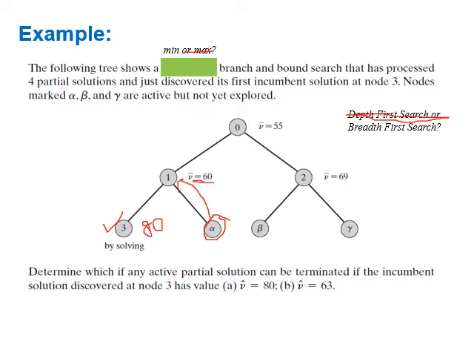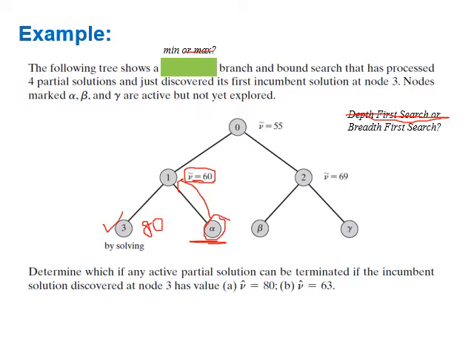The parent objective function value is 60. So this 60, for a minimization problem, gives a lower bound for its child. So this child can provide a solution with 60, and this is the minimum. This is the best solution that it can provide.